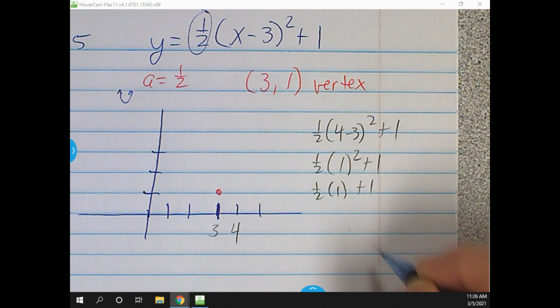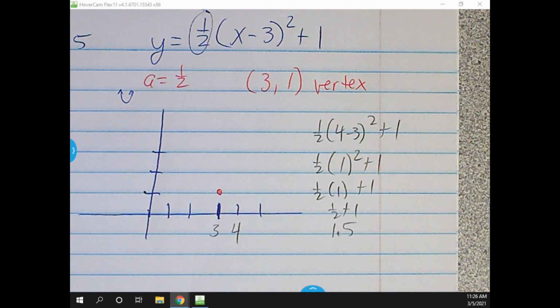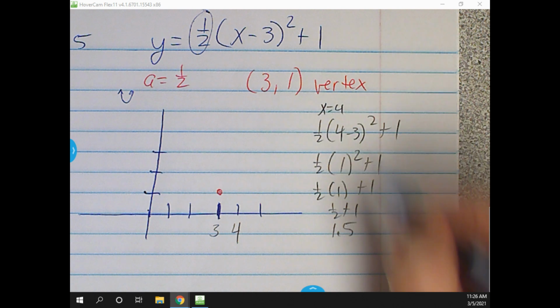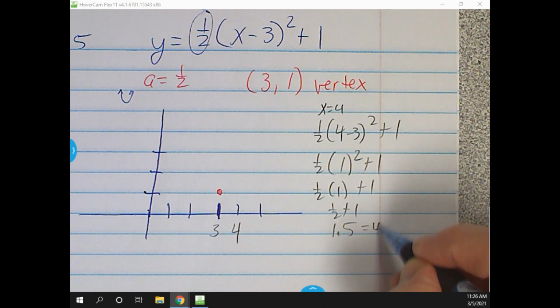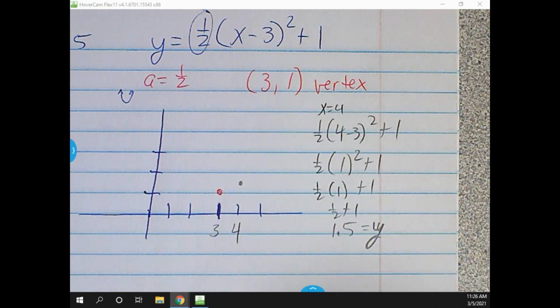That's a half of 1, which is just a half. And you do a half plus 1, that comes out to be 1.5. It's going to be hard to graph 1.5 if we pick the next number right beside it. So if we plug in 4, we get 1.5. That's our y value. So that means this is going to be like right there. And you're probably not going to get a chance to graph that one on the homework.